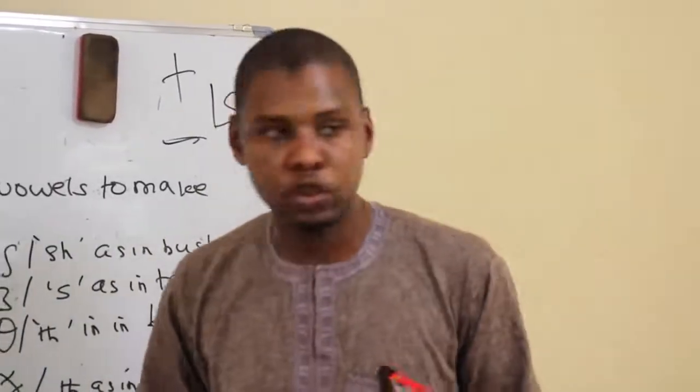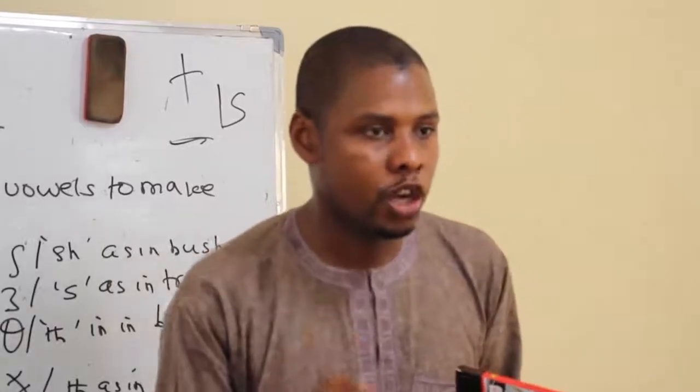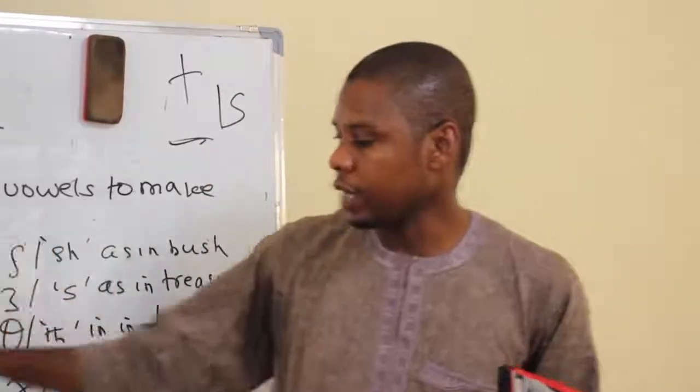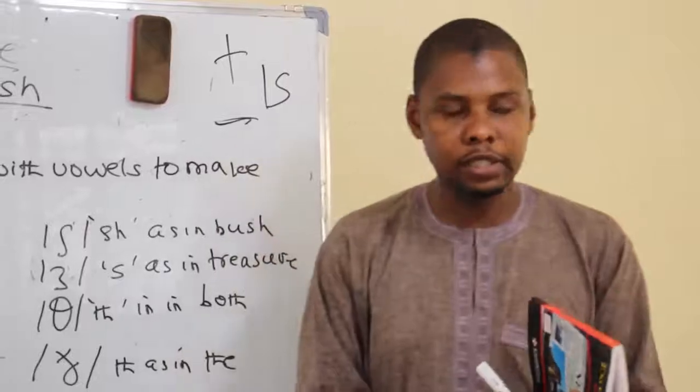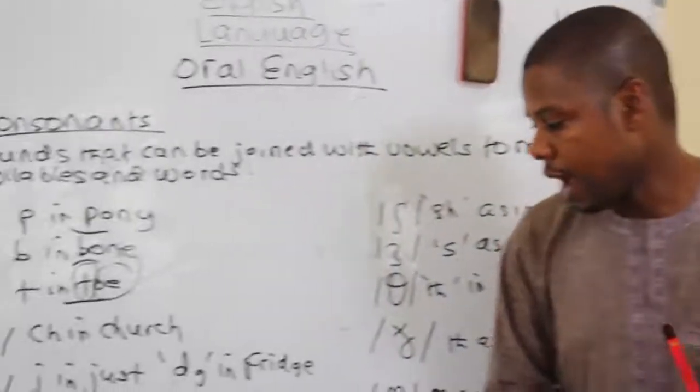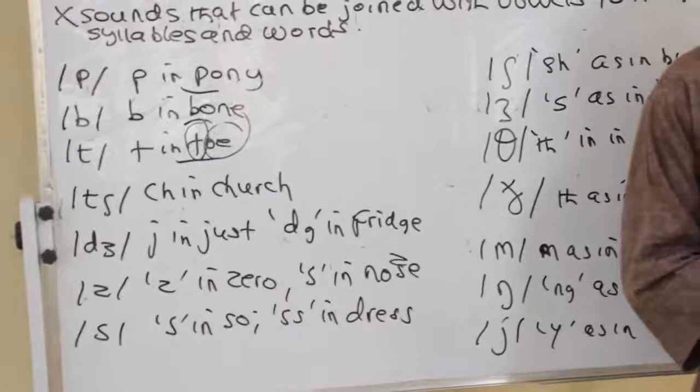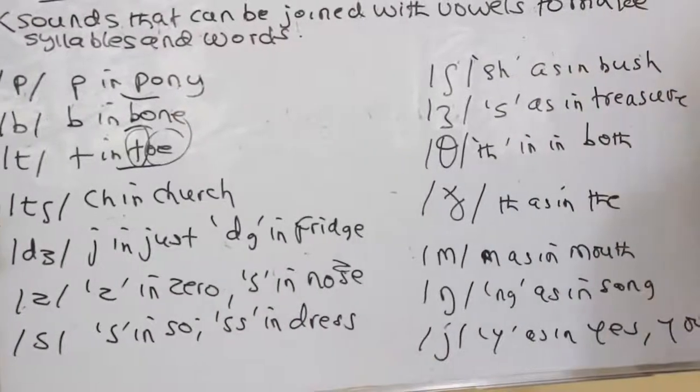Just like nose, nose. Now the next one is pronounced as s, and you find it in words like so, or in the double S as in dress at the end.